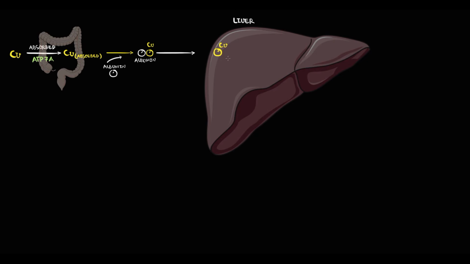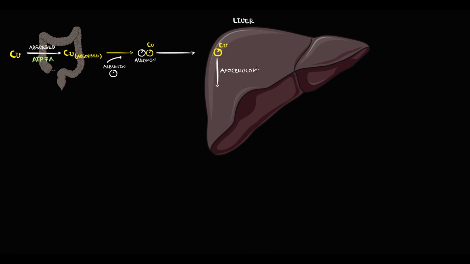But copper is an essential microelement not only for liver tissue. Other tissues also require copper for their metabolism. So to deliver copper to peripheral tissues, the liver packs copper into a transporting protein called apoceruloplasmin, and this results in formation of ceruloplasmin.